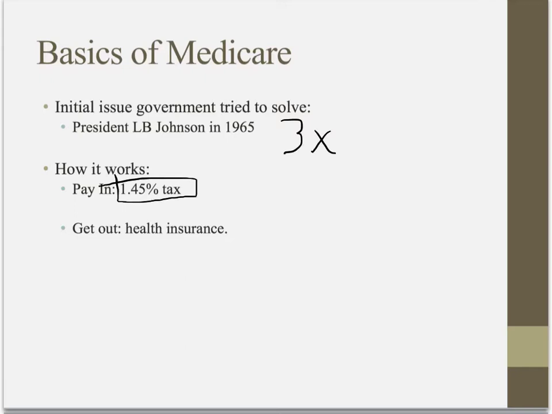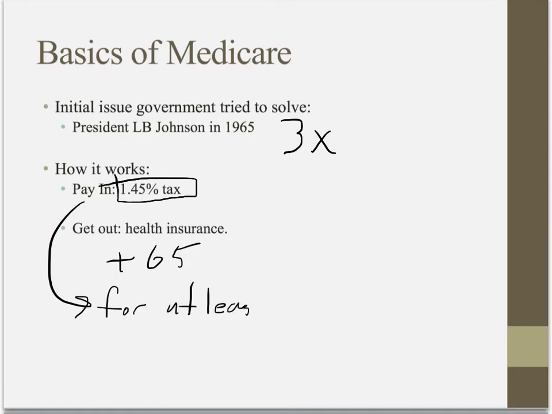Now, of course, there are rules about who exactly gets benefits from these programs. For Medicare, it's a lot simpler than Social Security, so I'll give you the exact numbers. To qualify for Medicare, you have to be over the age of 65, and you have to have paid in for at least 10 years to get the benefit out.